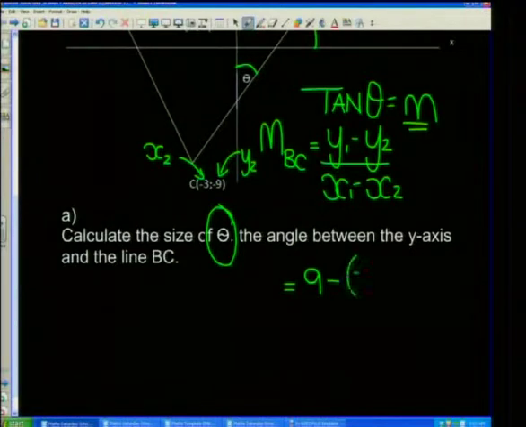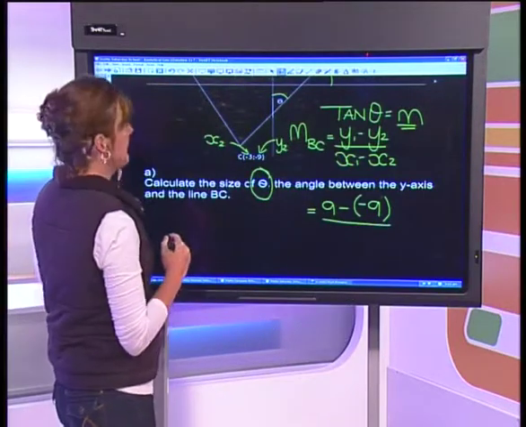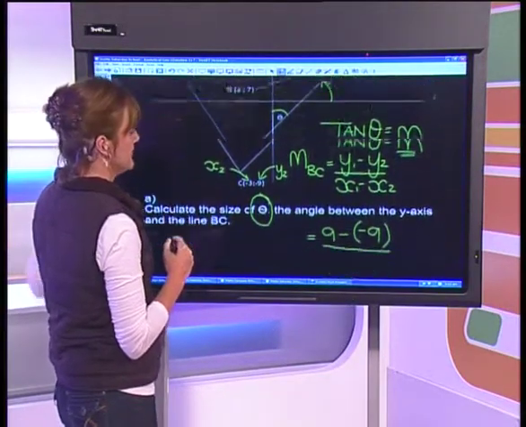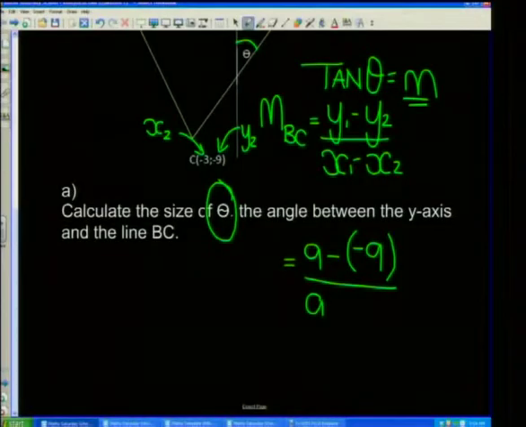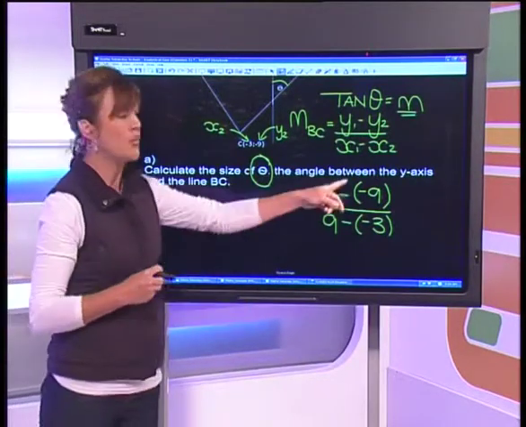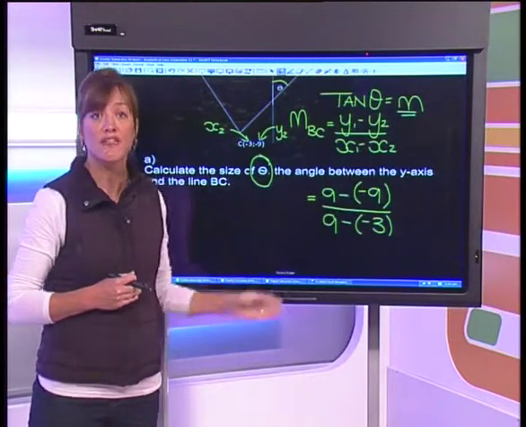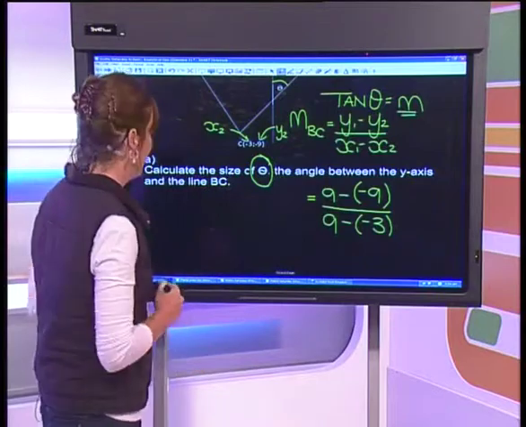Please don't forget to put that in a bracket and put -9 there, over x1, which was the value of +9, minus x2, which is the value of -3, and once again, please don't forget to put that in a bracket. Another thing not to forget is that your y's are always on the top. It is always your change in y over your change in x.